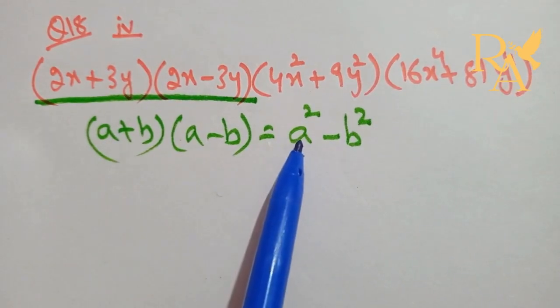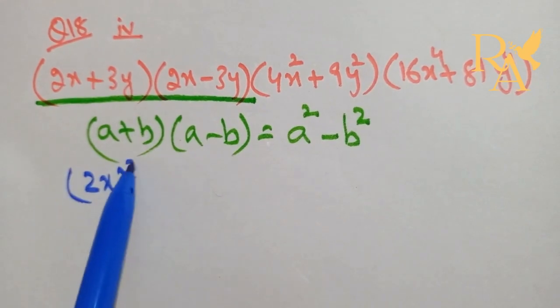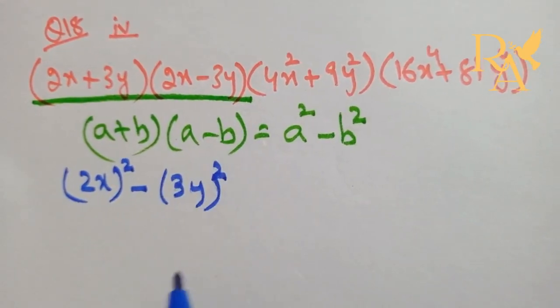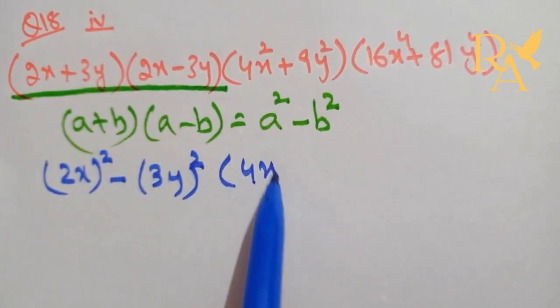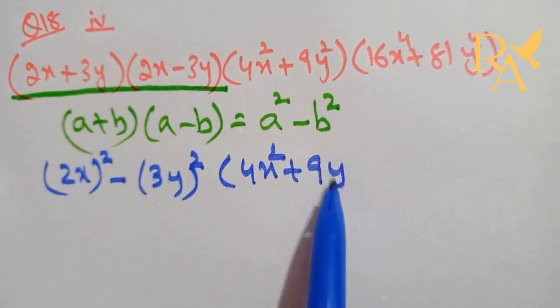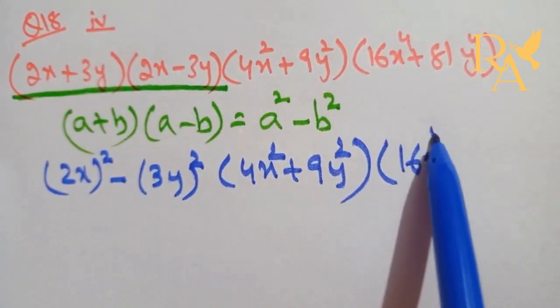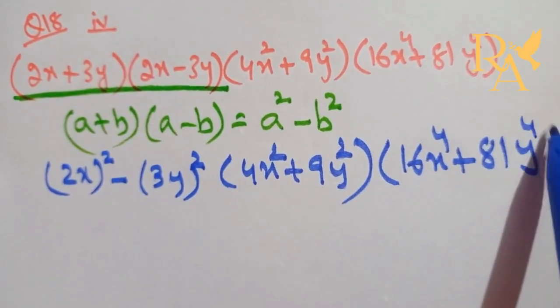So we put the values: (2x)² − (3y)², keeping these two brackets the same, (4x² + 9y²), gives 16x⁴ + 81y⁴.